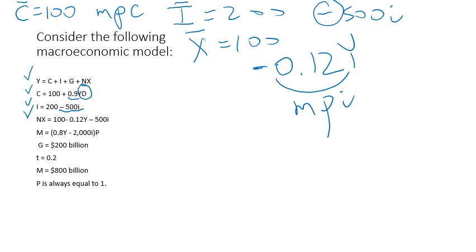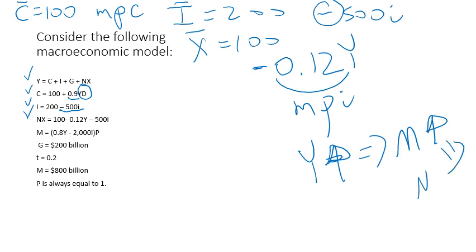In other words, if national income goes up, if Y increases, then the question becomes what happens to imports? Well, imports will go up, and the next question is, well, what's going to happen to net exports if exports are autonomous?